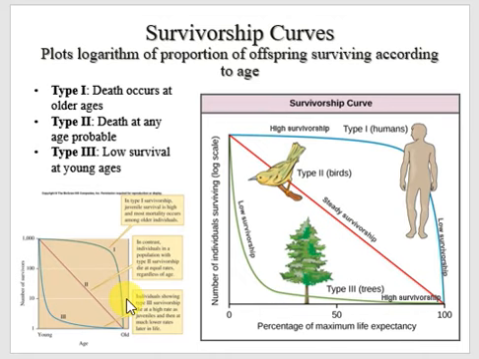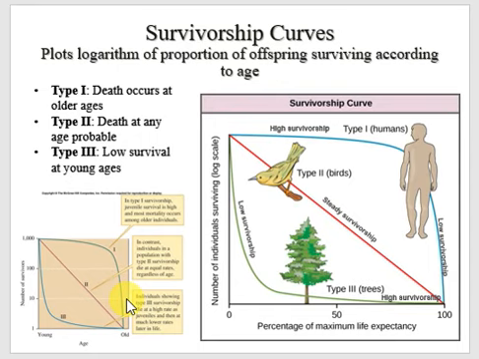So the last tool that's used is survivorship curves. They're essentially visual representations of your life tables. These tools are graphs that plot the logarithm of the number of individuals surviving at each age interval against a measure of time or age.